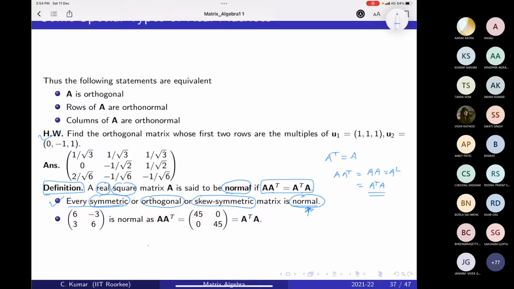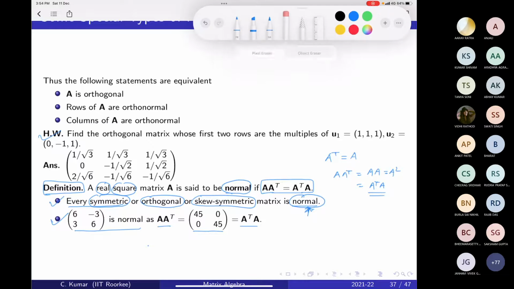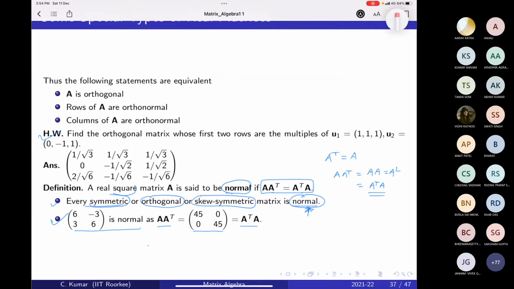That you can also easily prove. And then in the next point we have this as a normal matrix, because if we take A into A transpose, we get this one, and this is same as A transpose A. So this is again a very simple definition, the normal matrix.